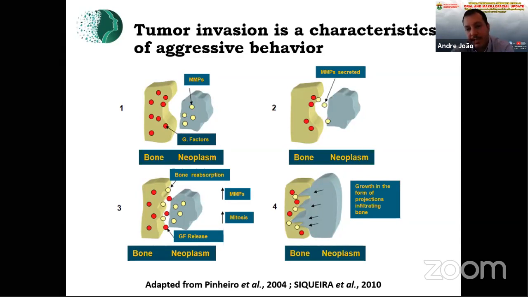When he showed that, you can see here that tumors, if you think about non-aggressive or cystic lesion, they usually grow due to hydrostatic pressure.